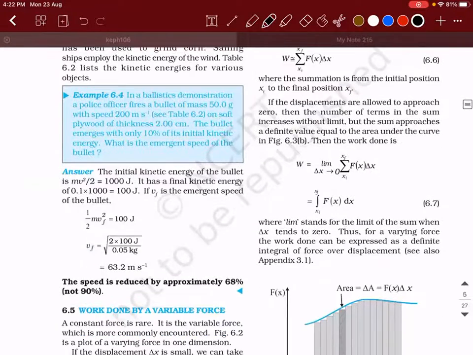Okay, next. In a ballistics demonstration, a police officer fires a bullet of mass 50 grams with a speed of 200 meters per second on a soft plywood of thickness 2 centimeters. The bullet emerges with only 10% of its initial kinetic energy. What is the emergent speed of the bullet?